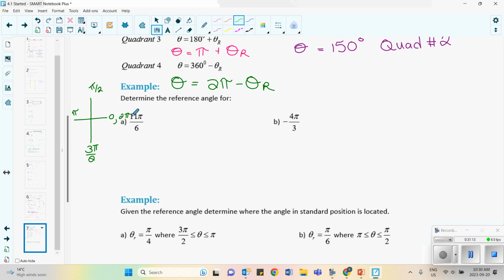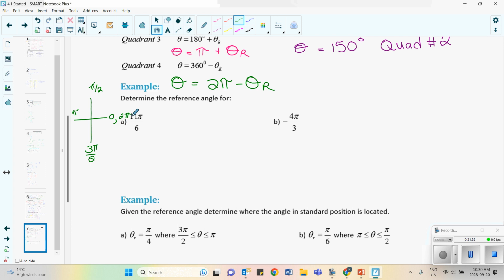It's either where you start or where you finish. Okay? What quadrant am I in? I'm in quadrant 4.